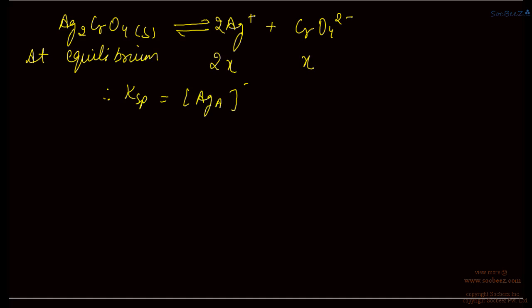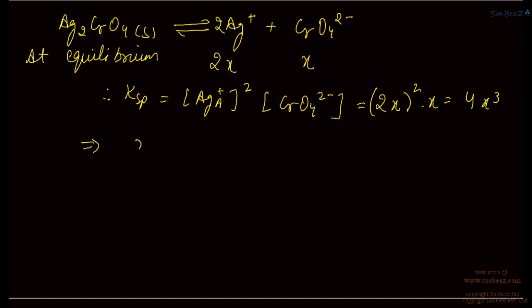Therefore Ksp equals Ag+ squared into CrO4 2-. So from here it comes out to be (2x) squared into x equals 4x cubed.